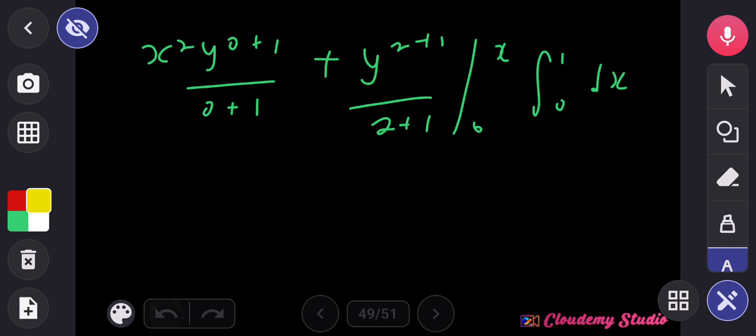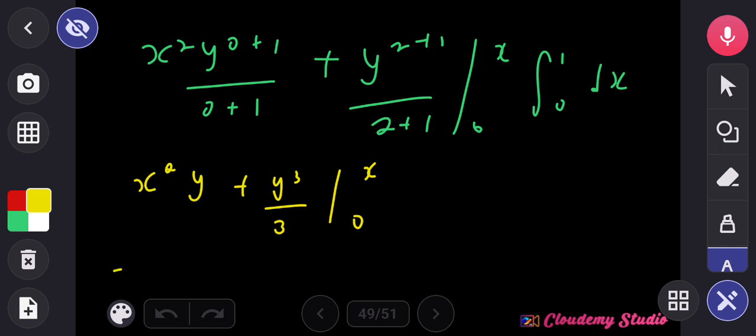So the next thing is, I'm going to be having x squared multiplied by y, right? Plus y raised to power 3 over 3, upper limit x, lower limit 0. So anywhere I see y, I'm going to put x, minus anywhere I see y, I'm going to put 0.